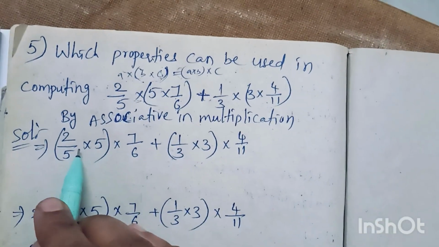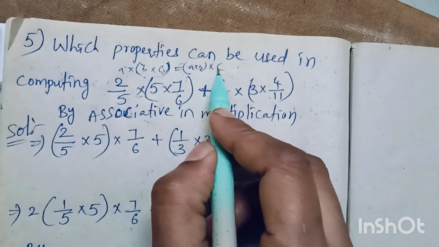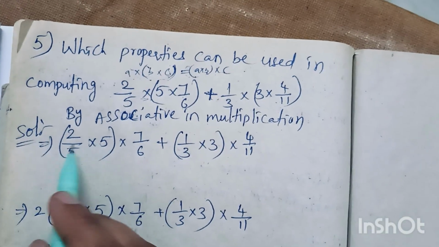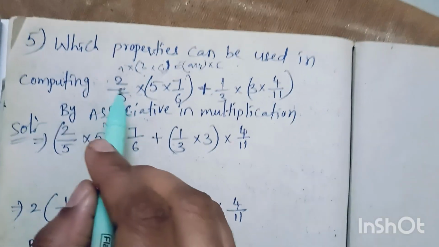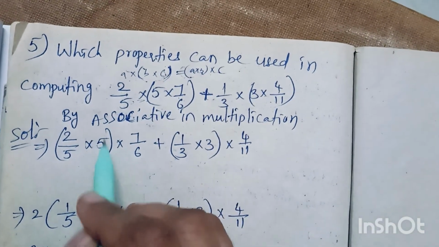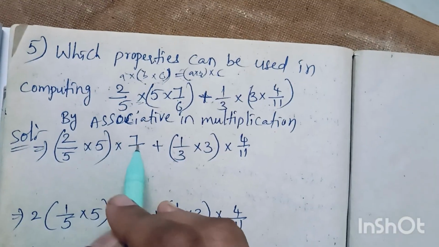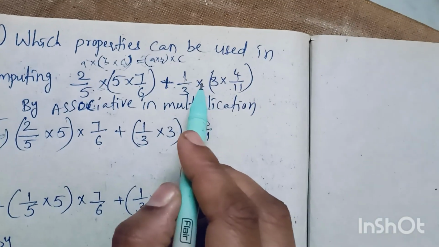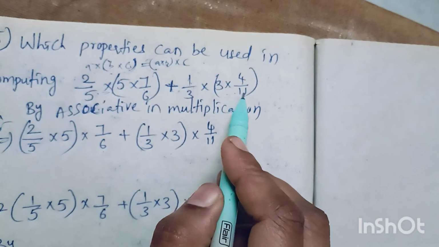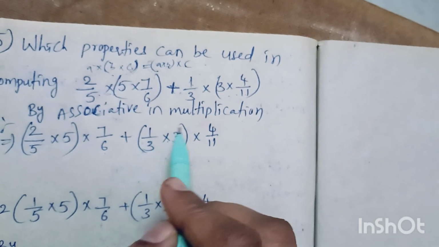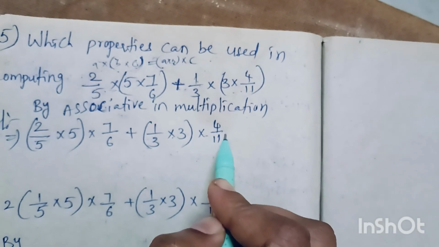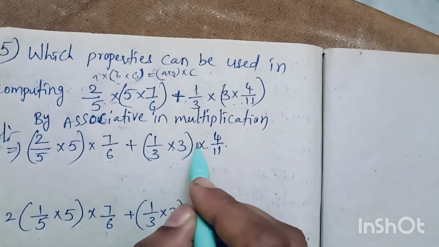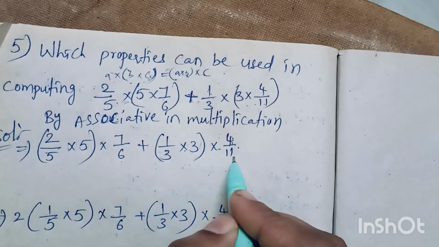So we can write like this: A into B of into C. So A into B, I have written already here, for this bracket, into 7 by 6. Same here also, observe here, this also A into of B into C. So we can write A into B of into C. Okay? 1 by 3 into 3 of 4 by 11.